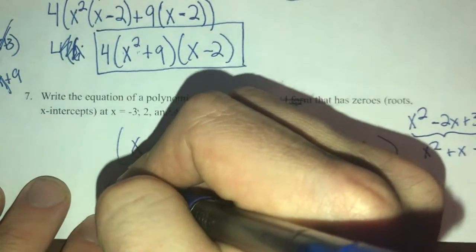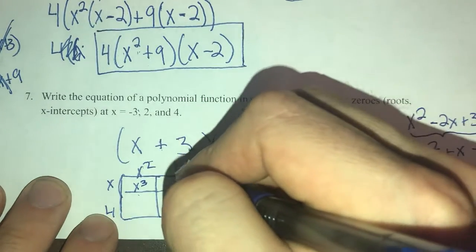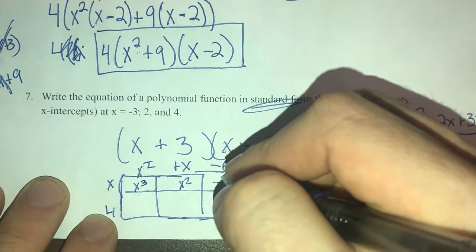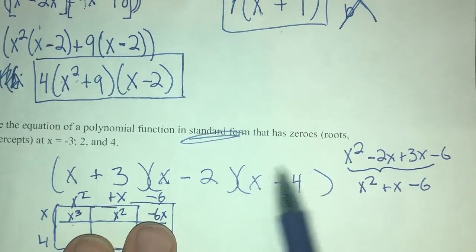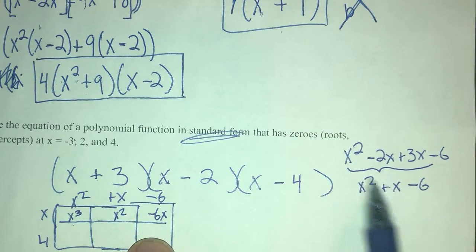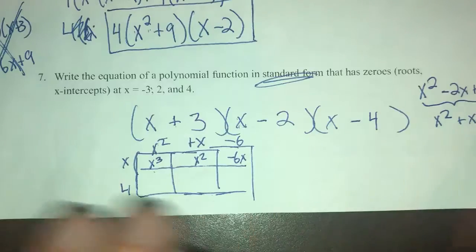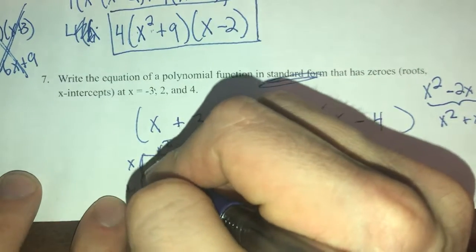So let's do this out. This gives me an x cubed. This gives me an x squared. This gives me a negative 6x. And by the way, this is just using the distributive property, right? If I do it here, x cubed, x squared, negative 6x. So it is distributing. It's just a little bit more organized, in my opinion.